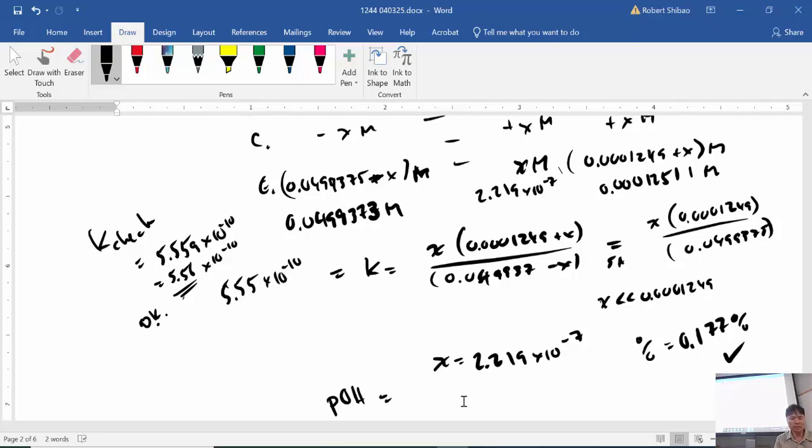The pOH is just going to be the negative log of 0.0001251. I think 3.902. And then the pH is going to be 14 minus that, 10.097.